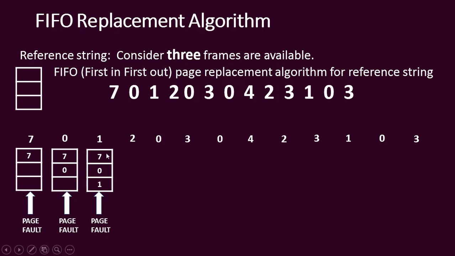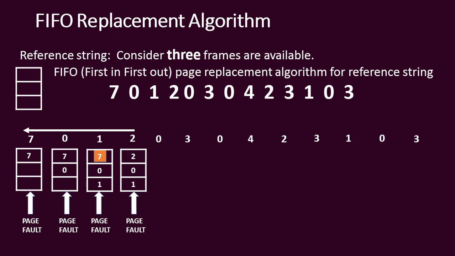What the FIFO logic follows is that it looks at the left side, as indicated by this arrow, and finds out which is the oldest page. In this example, page 7 is the oldest page and hence it will be replaced by our desired page, 2, as indicated in this table.